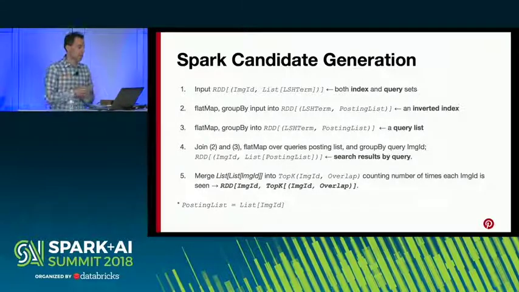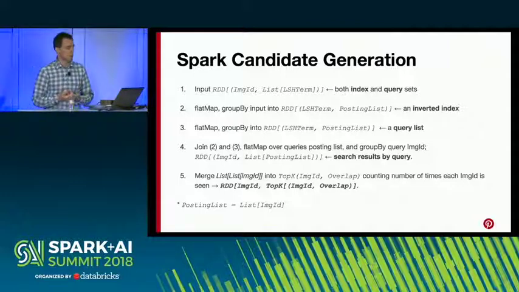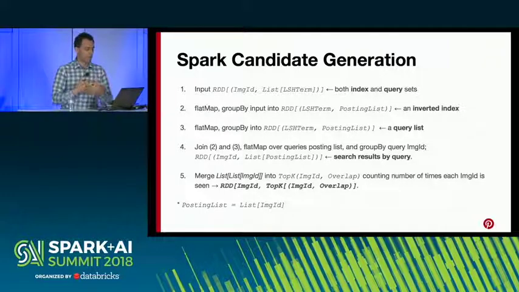You can flat map and group it, and you end up with basically an inverted index, a classical information retrieval construct. And the posting list is a list of image IDs. You can now join on an LSH term and flat map over queries. So it's flat mapping over one of those posting lists and grouping by, and you end up with a list of posting lists.